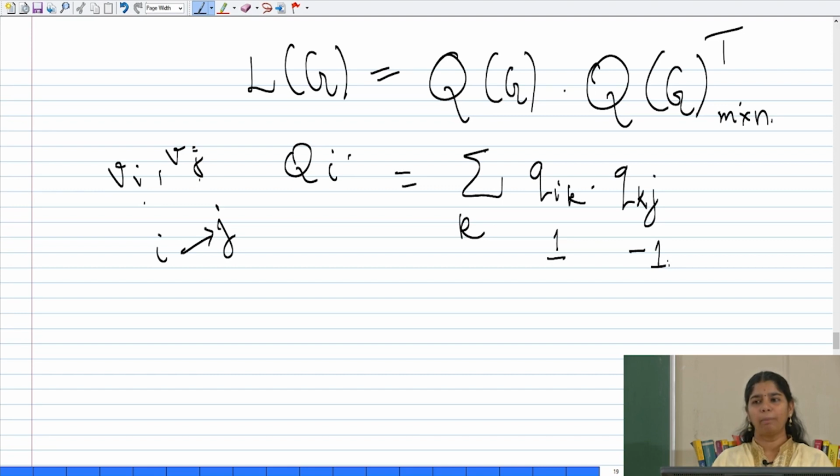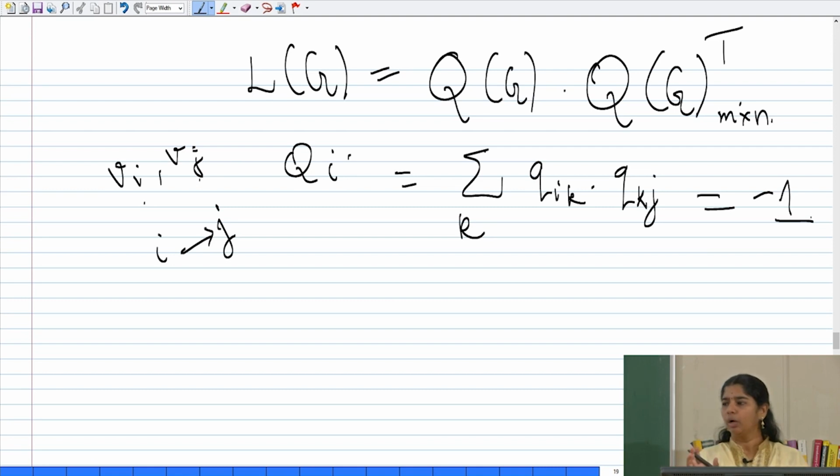Apart from this, nowhere else will we have an entry coming into the picture in this summation. Everywhere else we will get 0. So, we can immediately see that we will have an entry minus 1 only if i and j are adjacent, otherwise it will become 0.